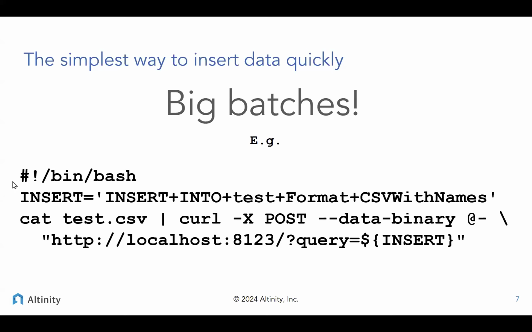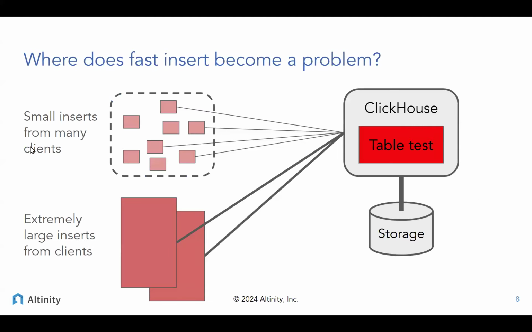It's quite simple, but not everybody has an application that's set up like this. So there's a couple cases where fast insert becomes a problem. The most common case is that it turns out, and this is true in security information and event management, that you actually have many sources of data.